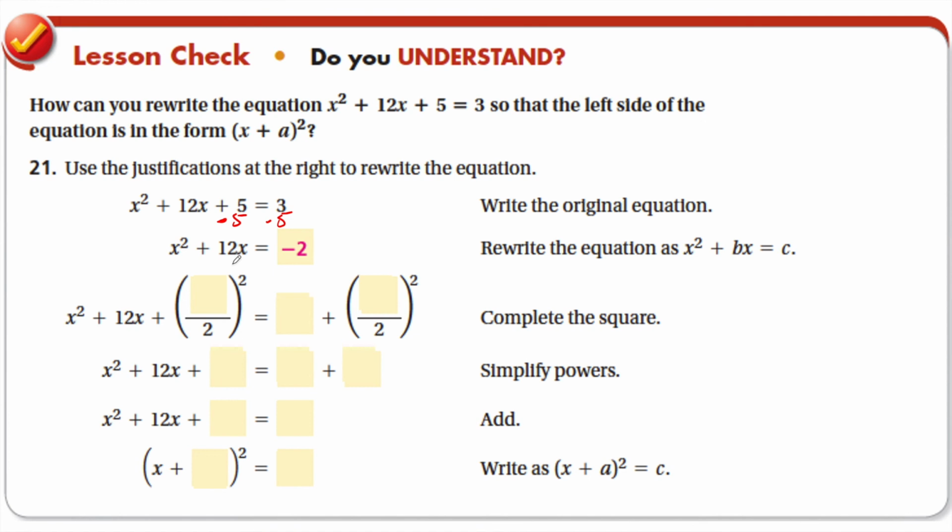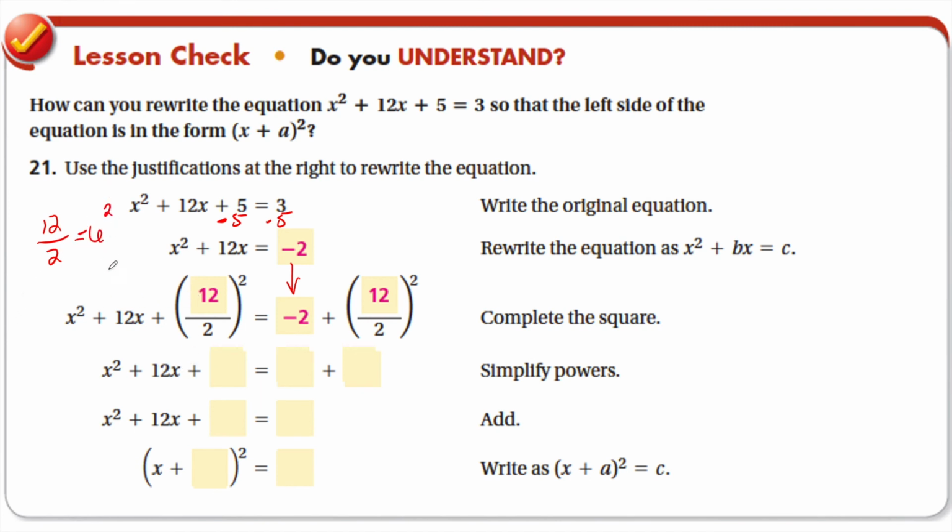I'm then going to take that b value, which is 12, and divide it by 2, so we get 12 over 2 squared, and that's going to equal our -2 because we're just bringing that down. Since we added 12 over 2 squared to the left-hand side, we must add 12 over 2 squared to the right-hand side, and that will give you x squared plus 12x plus, well, 12 divided by 2 equals 6.